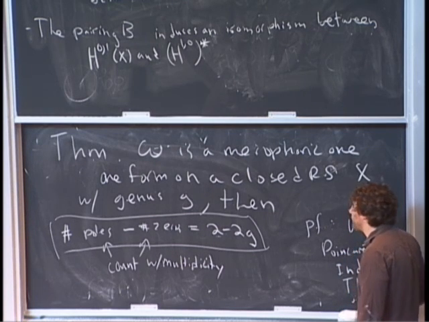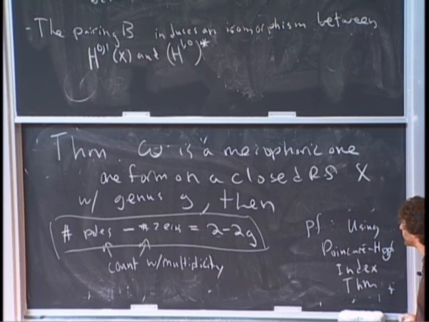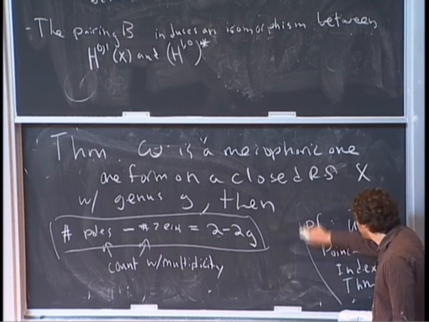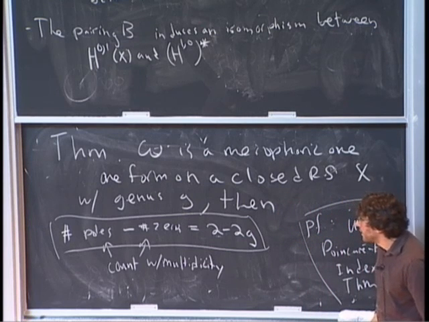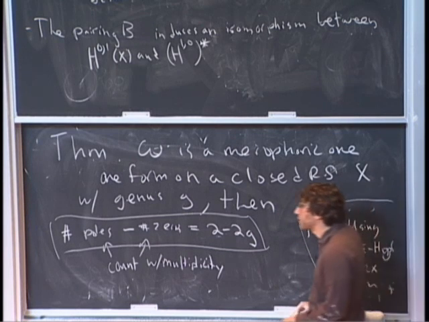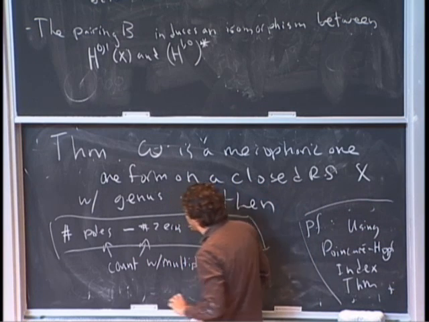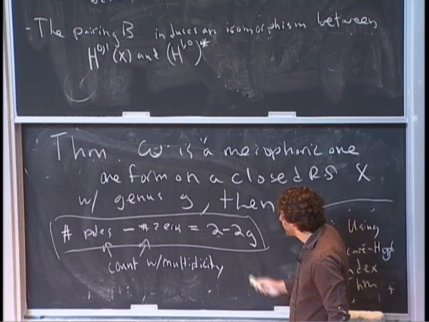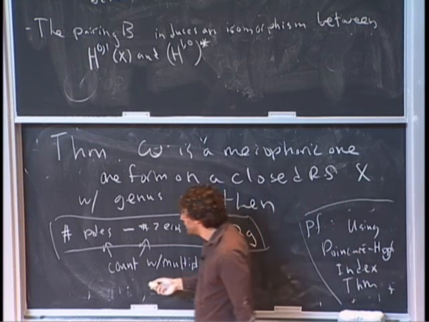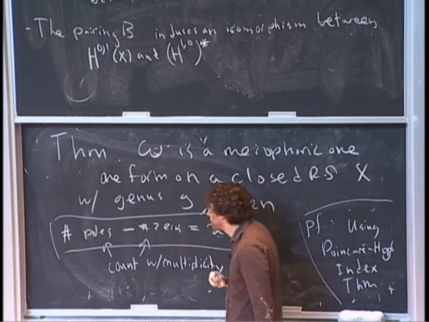So this is a relation between the topology of a manifold and this notion of index for one forms, for example, or vector fields. The upshot is that this tells us quite a bit about what can happen when we have a fixed genus, and the relationship between the zeros and poles.